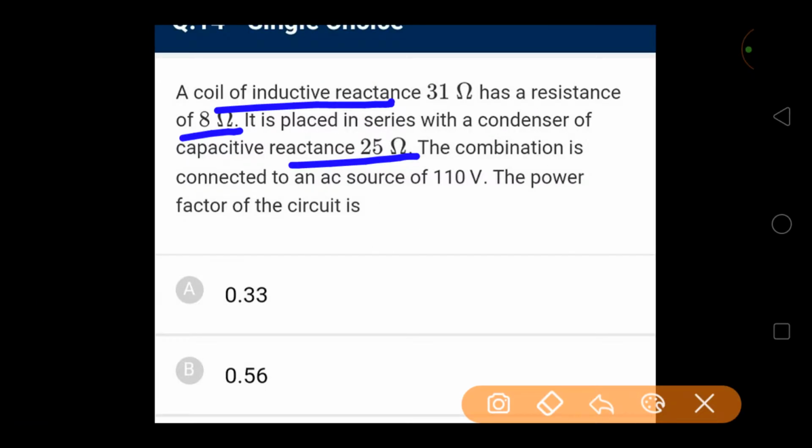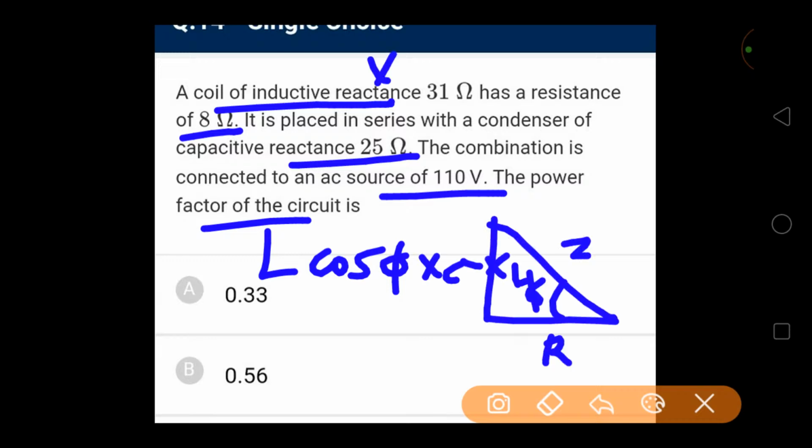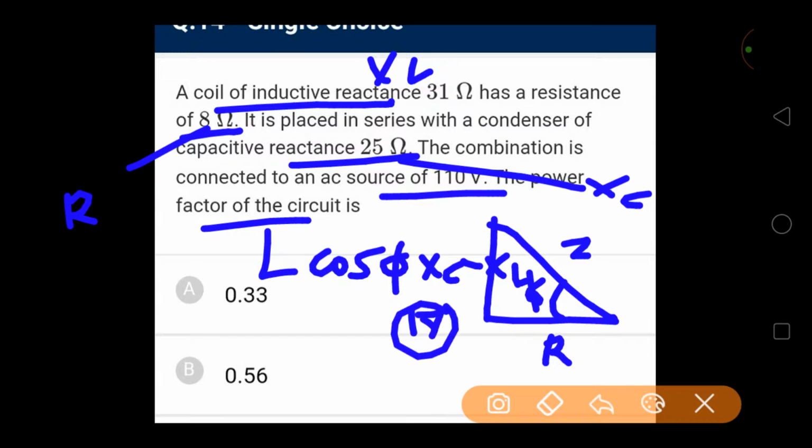The RMS is given. What is the power factor? They're asking what is cos phi. Right. So you should draw the impedance. What is XC minus XL? 25 minus 8, 17.